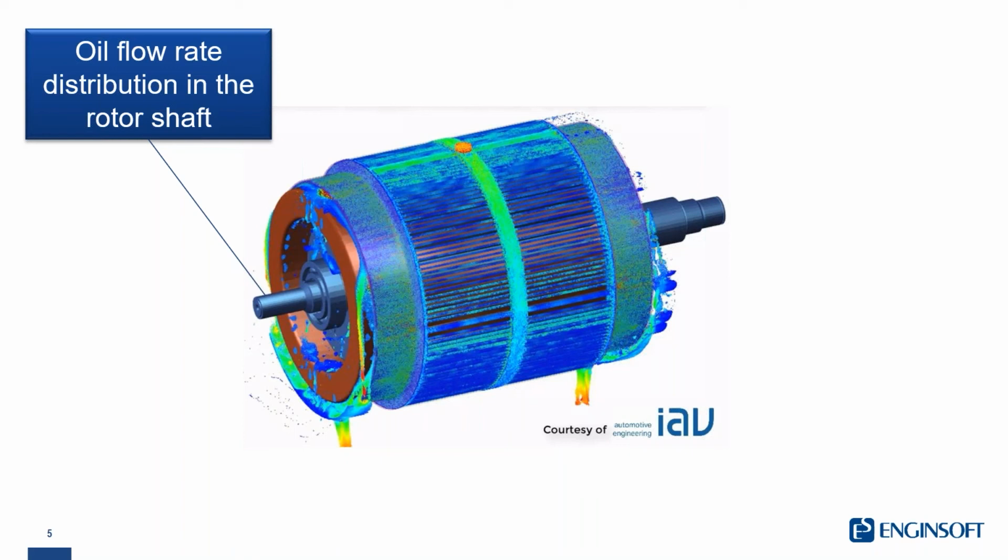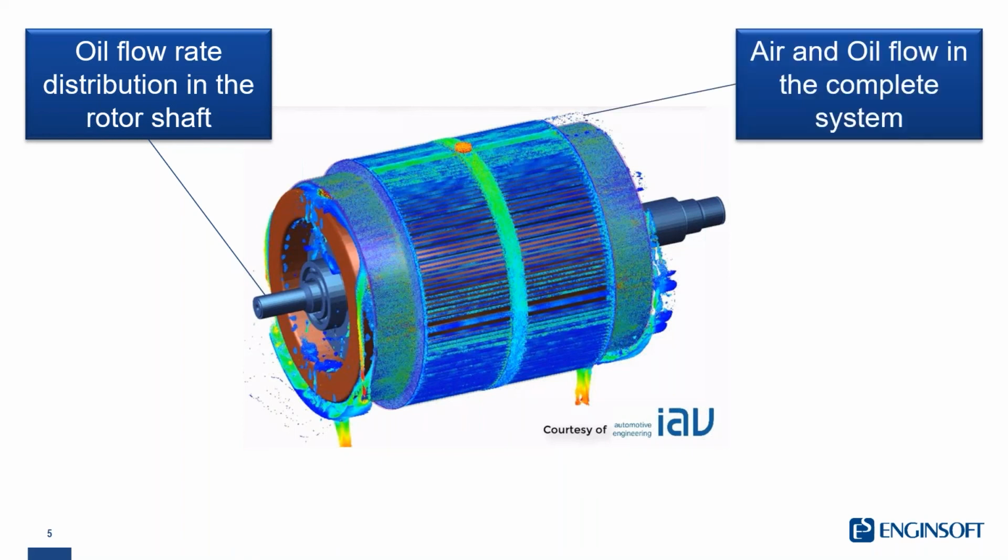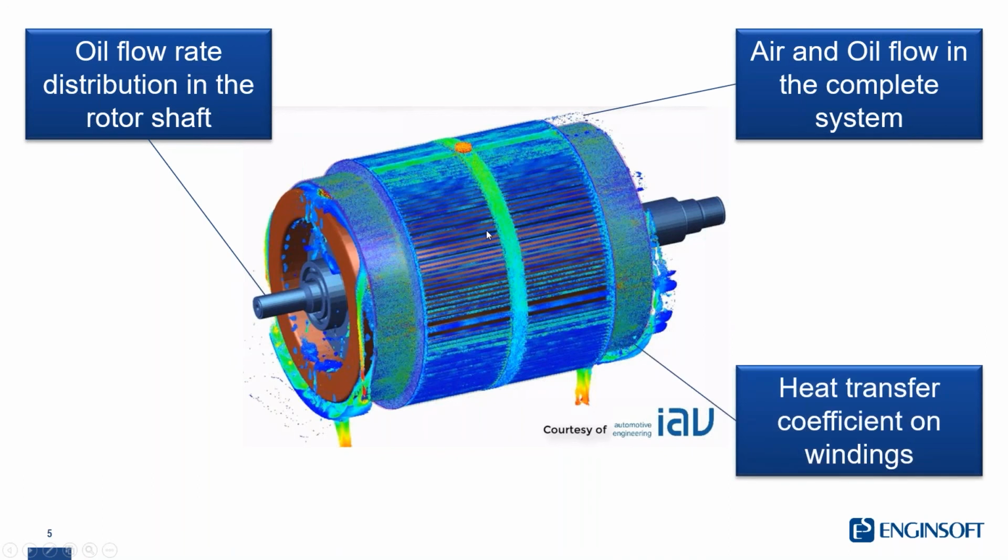With meshless CFD simulation, you can study the oil flow rate distribution in the rotor shaft. You can simulate the airflow and the oil flow in the complete e-drive. You can calculate the heat transfer phenomena and the heat transfer coefficient on the entire system, on all the walls: rotor, stator, casing, and obviously windings.